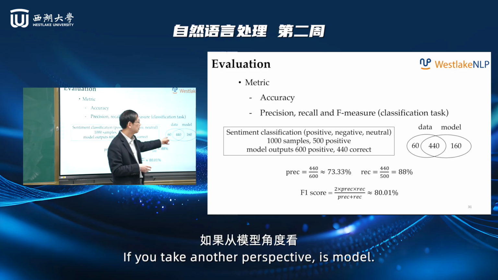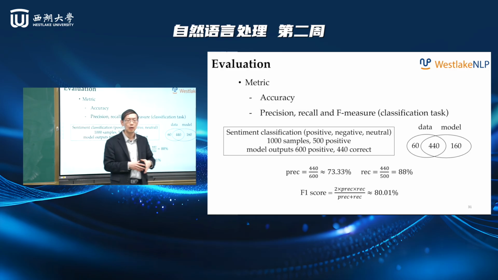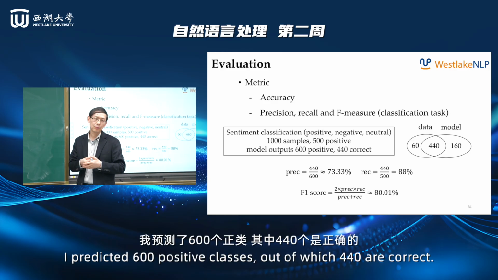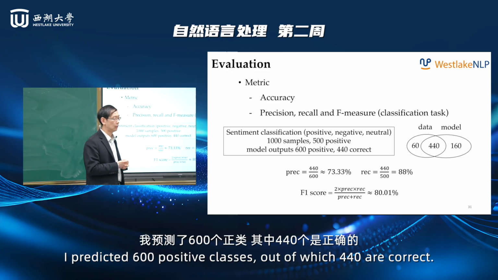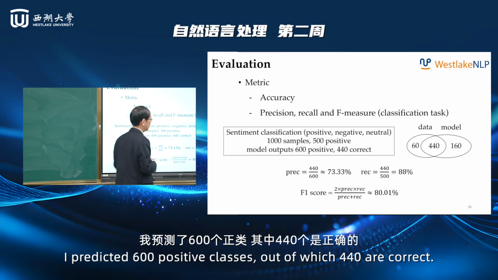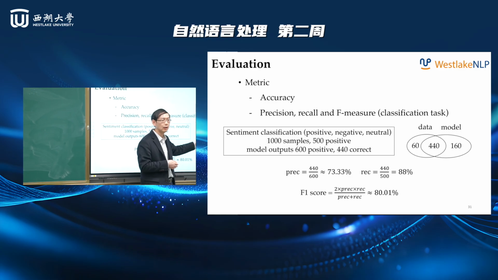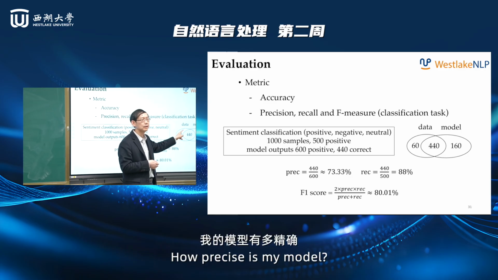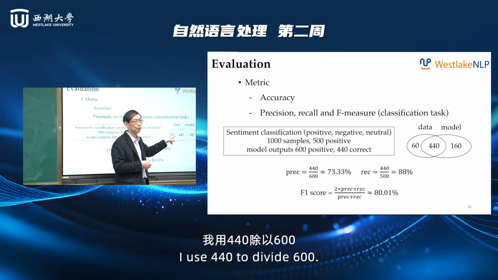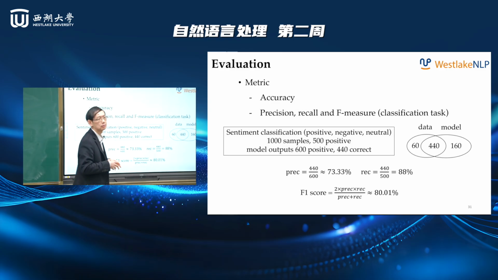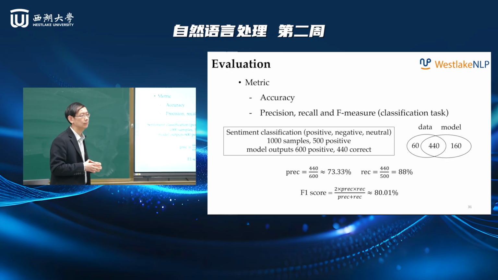If you take another perspective, the model: I predicted 600 positive classes, out of which 440 are correct. So how precise is my model? I use 440 divided by 600. This is called precision.